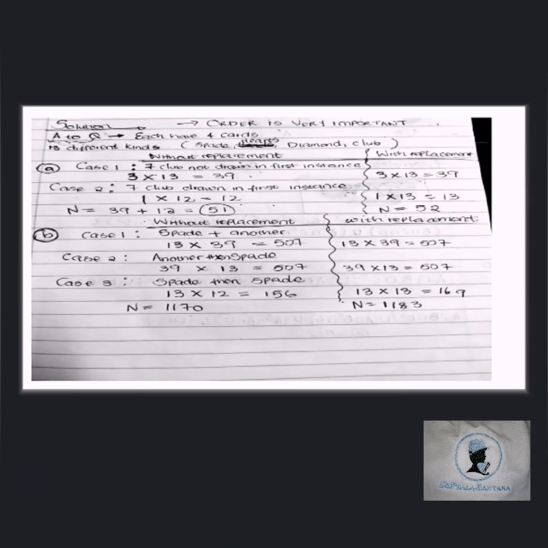So B was asking us, in how many ways can at least one spade be drawn out? Again, we will have cases. Our first case is where, let's say, the first card we take out is a spade, and the second card is just another type, maybe a heart or a diamond, right?